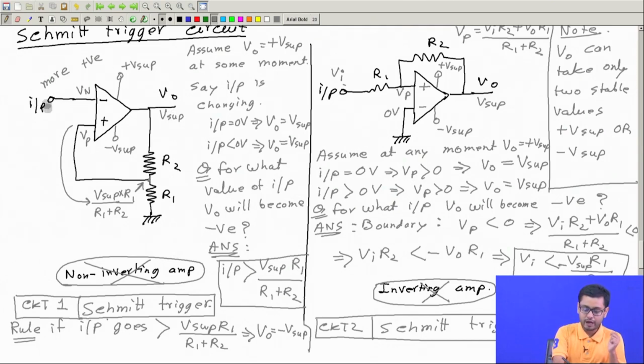So, find out the value of input which will make the input lower than V p or higher than V p, so that the output becomes positive or negative. Okay. So, this is what we have seen, and these transition values of input we have called the upper trigger point or lower trigger point.